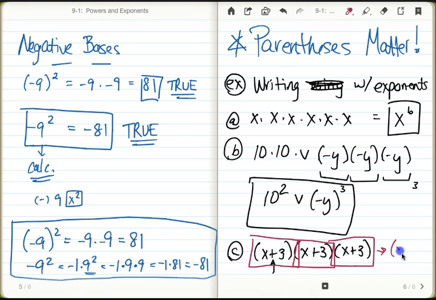I have to keep it as a unit. My entire base is x plus 3, and that is being multiplied by itself 3 times, so that is to the 3rd power. Again, x cubed plus 3 cubed doesn't work. We could prove it by putting something in for x and showing that we wouldn't get the same thing. So that is not an option.